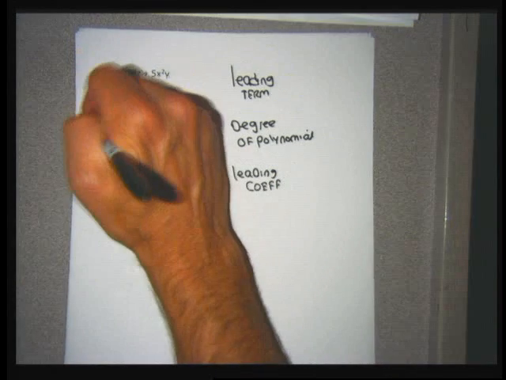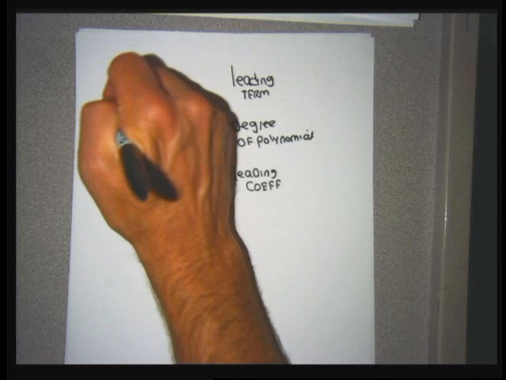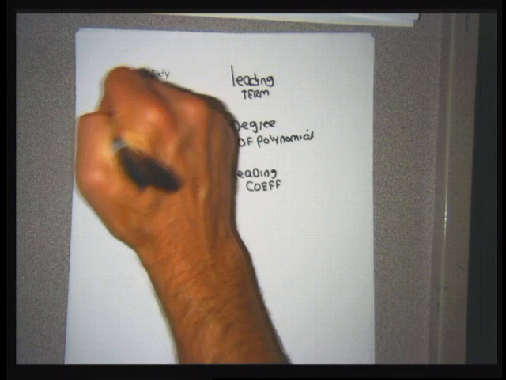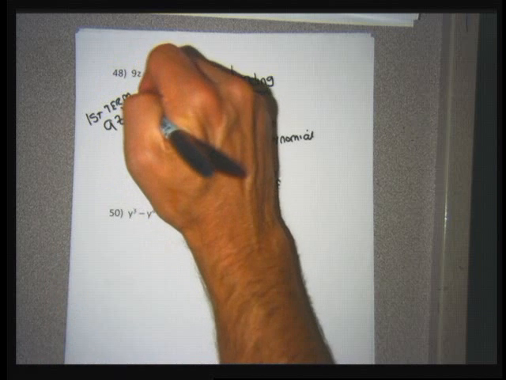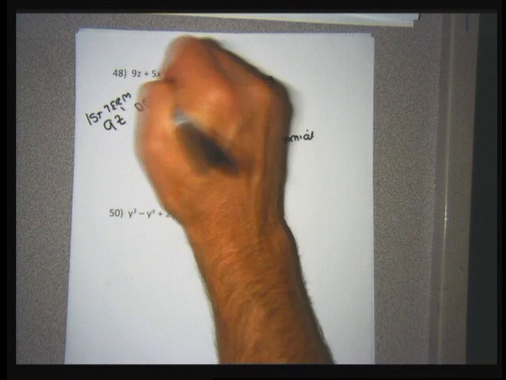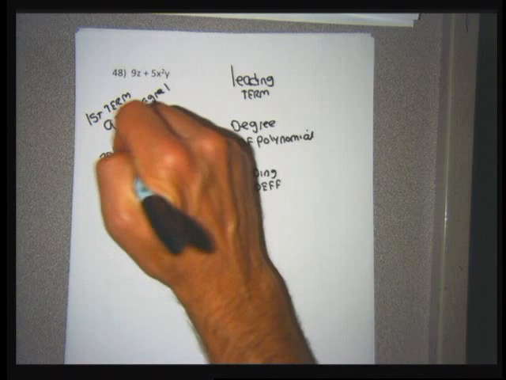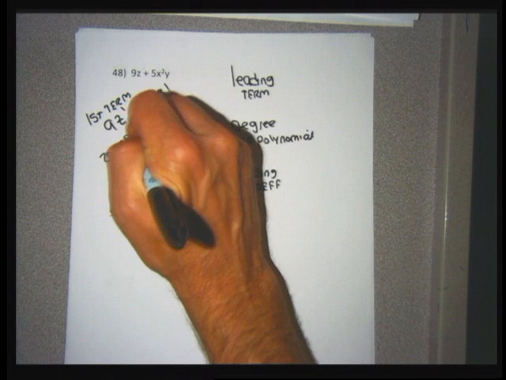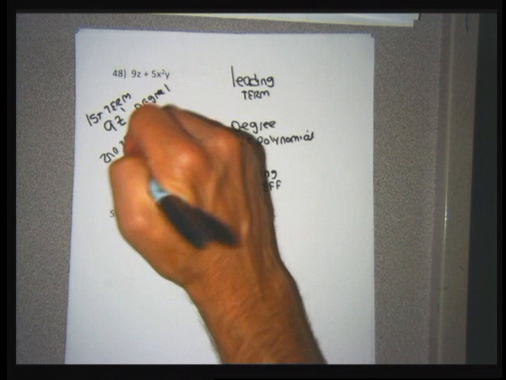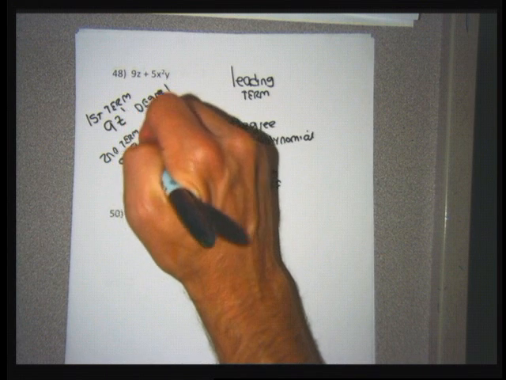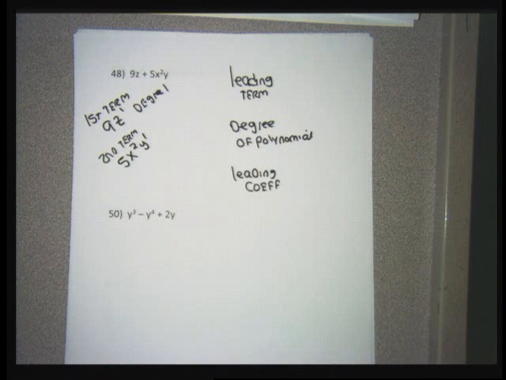The first term in this binomial is 9z, and its degree is going to be 1. It only has one letter. The exponent on the letter is its degree. The second term in this polynomial, or binomial, is 5x squared y, and it has two letters, so I have to add the exponents of its letters, and I tacked that exponent on the y.